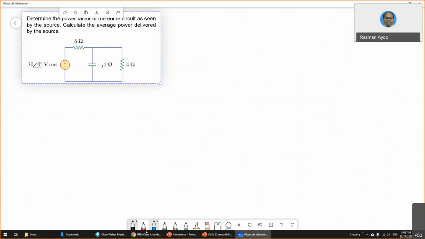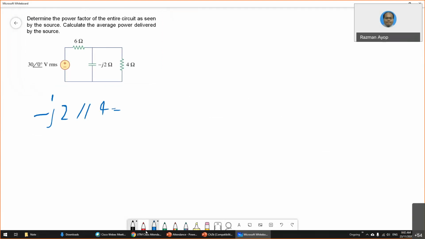So negative J2 parallel with 4, negative J2 times 4, divided by 4 minus J2 ... negative 8J divided by 4 minus 2J.